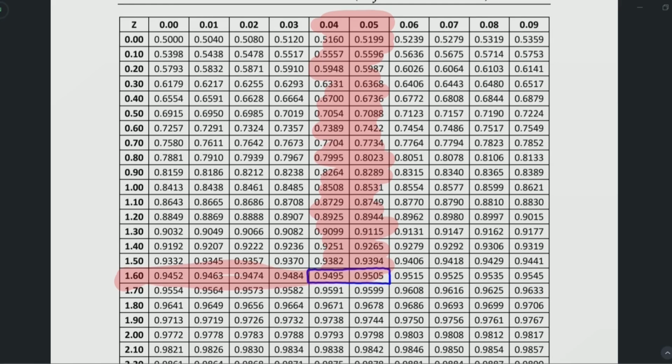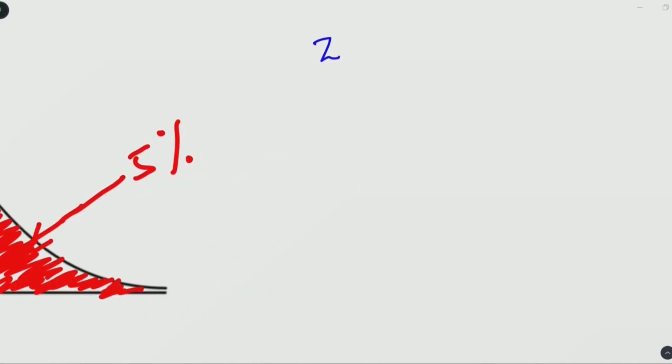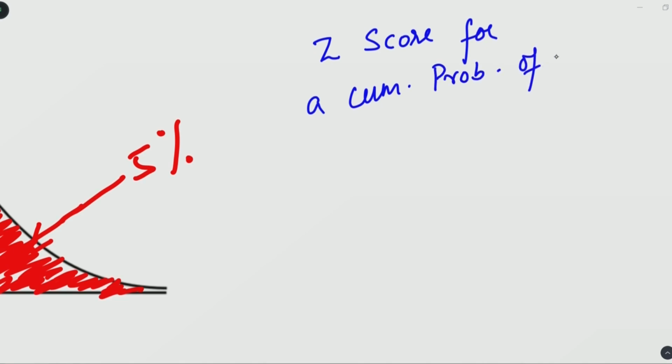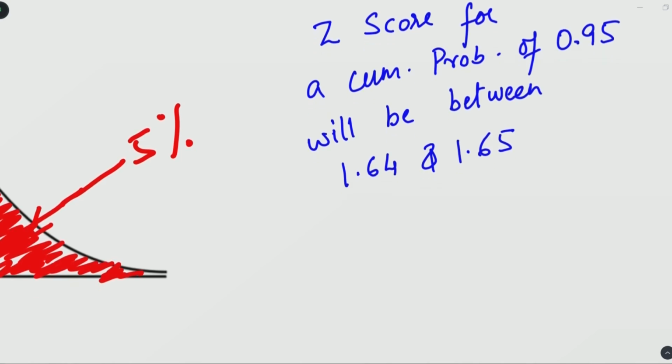So when we have to find something between 1.64 and 1.65, what we do is we will write here the Z score for a cumulative probability of 0.95 will be between 1.64 and 1.65.